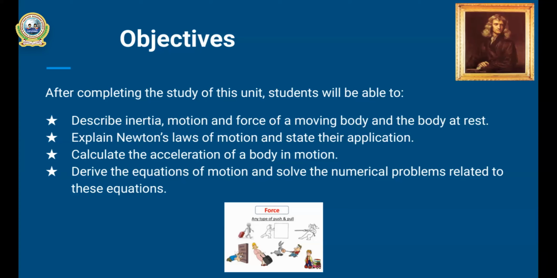So we have the SUVAT equations, just like v equals u plus at, and s equals ut plus half at squared. We will first derive such equations, and we must be able to apply them in numerical problems. Understand? So these are the objectives of lesson 4. What are you going to read, or what must you know? You must be capable of these topics when you finish reading lesson 4.